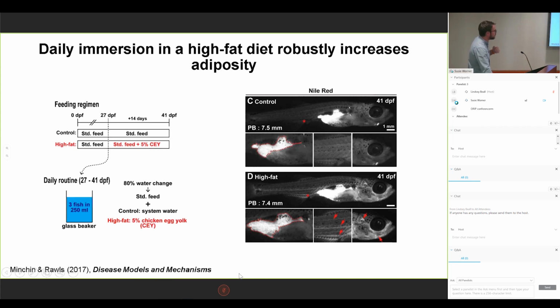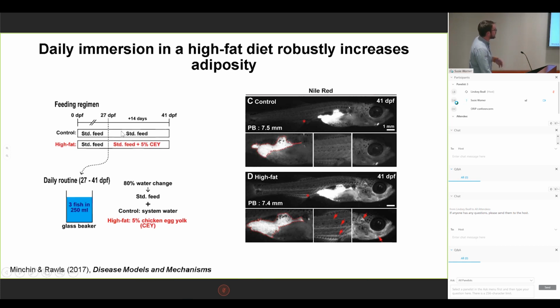And experimentally, the fish are fed our normal regimen, but every day they're immersed in 5% chicken egg yolk, almost as a supplement, to give them a lipid load, essentially. So we'll raise our fish normally until a certain developmental stage, and then we'll split the siblings into either a group that's immersed in system water, so a standard fed group, or a group that's immersed in system water plus the high fat diet.